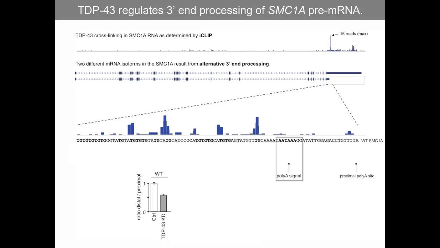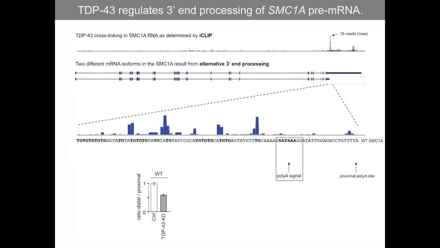And the experiment we did here was just to take this pre-mRNA sequence out of its context, put it into a reporter assay, and then measure the ratio between proximal and distal signals in the wild-type cells or knockdown cells. And you can see that in the knockdown cells, we are now making more of the proximal isoform.